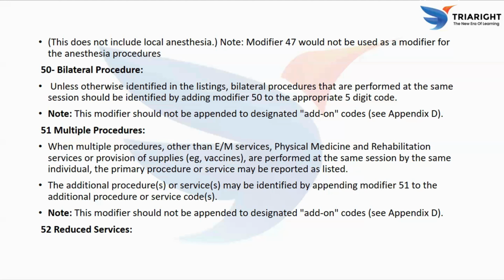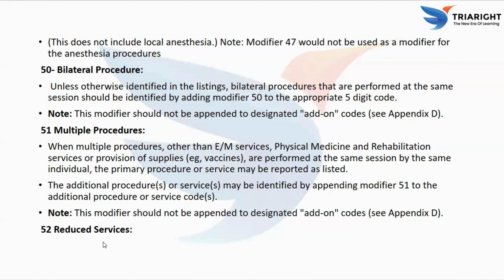Example: the doctor performs two different surgeries in one session, so the second procedure gets 51 added to it. Do not use modifier 51 for E&M services, physical medicine, supplies like vaccines, and also add-on codes. Some CPT codes are exempt from modifier 51, so for those you have to check Appendix E. So 51 is nothing but more than one procedure performed.